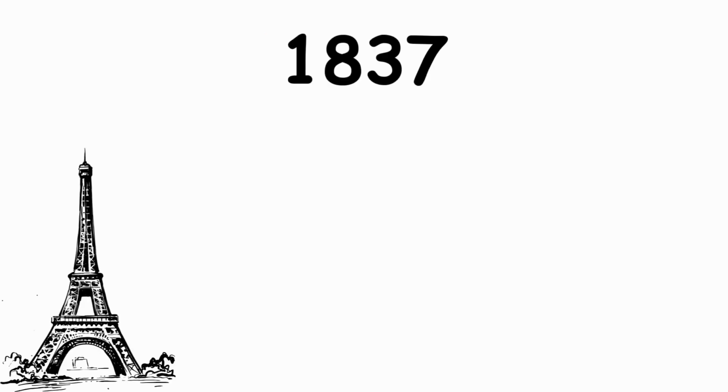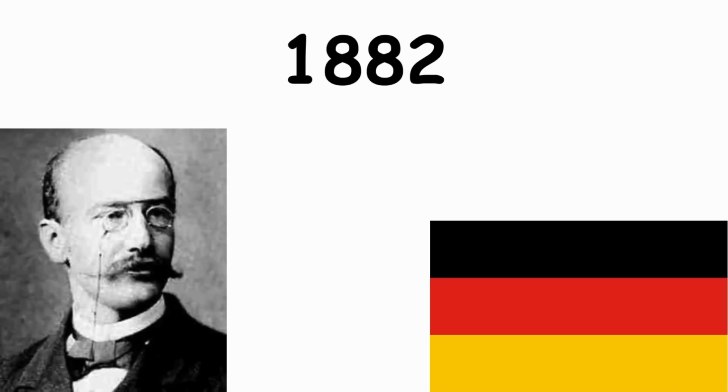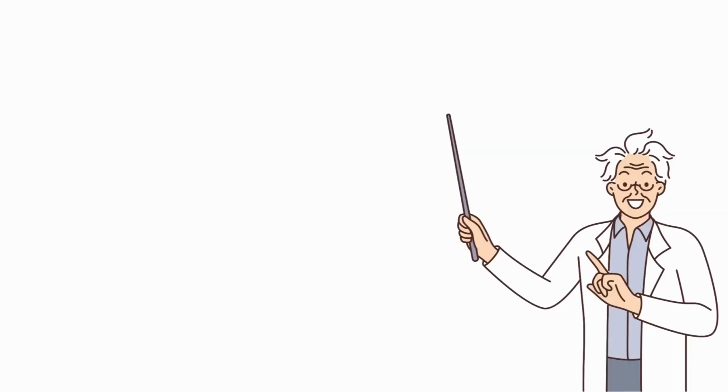This condition was proven in 1837 by French mathematician Pierre Wantzel. However, it would take until 1882 for German mathematician Ferdinand von Lindemann to prove that pi is transcendental. The proof relied on the identity e to the power of i pi equals -1.